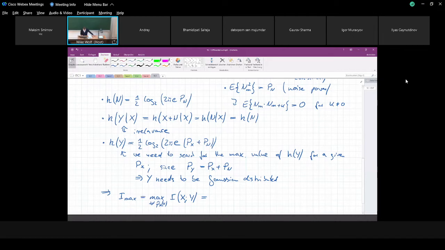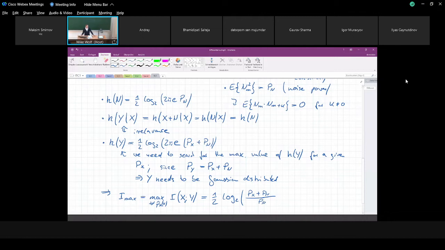Then the value is, now we take the difference of this and this. So we have a difference of 2 logs. Then we can write this as 1/2 log 2, and instead of a difference, we write the quotient within this logarithm. Then we get Px plus Pn divided by Pn.